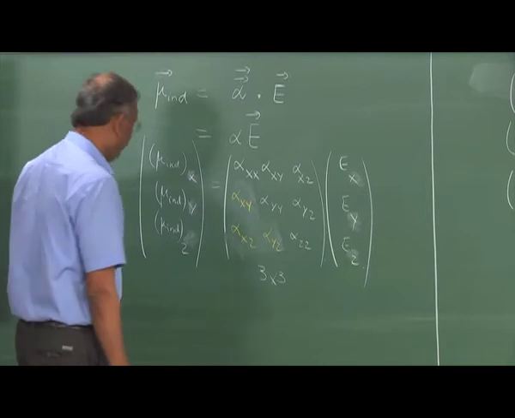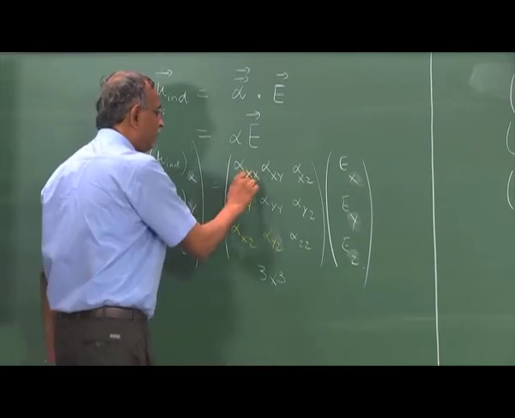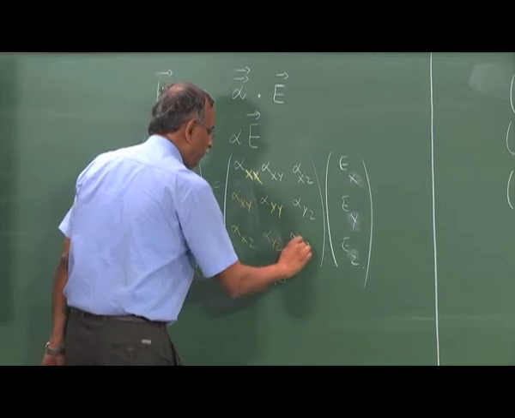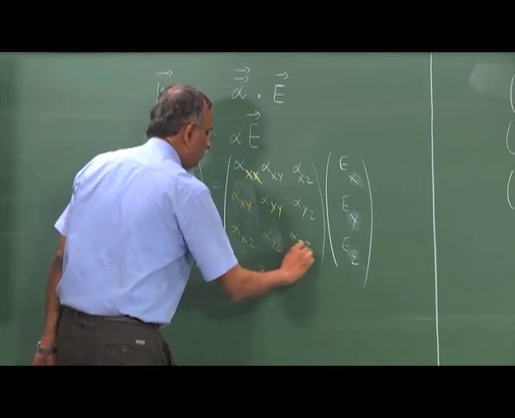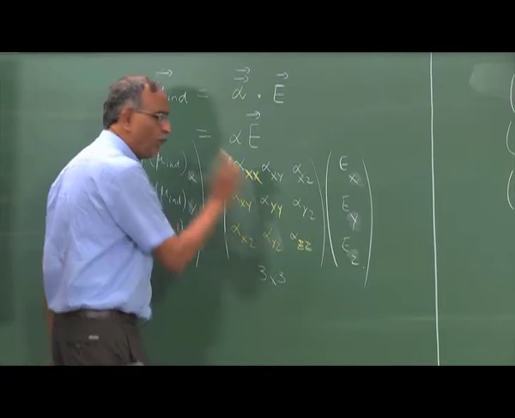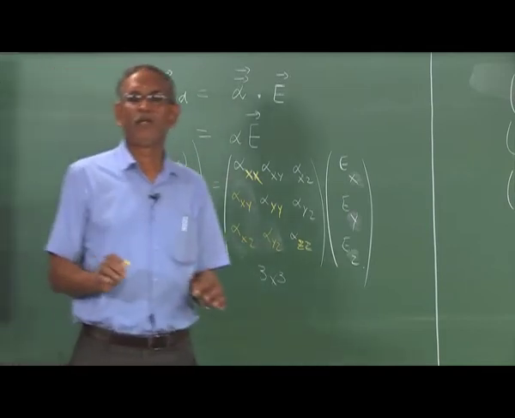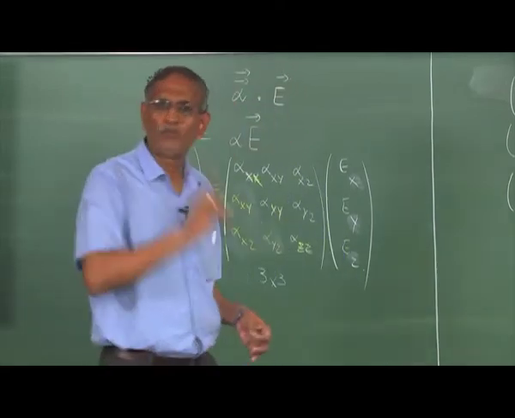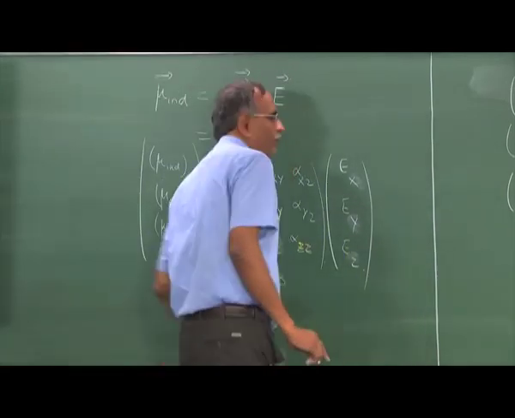So what you have is essentially xx, yy, zz, xy, xz, yz. So 6 independent components for the polarizability tensor. That's one more little step.